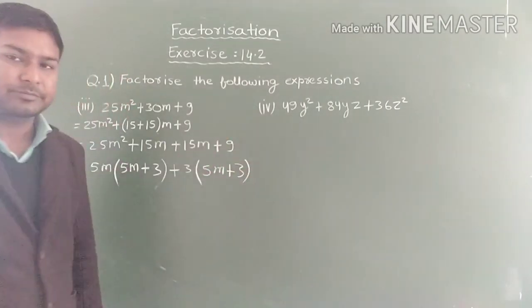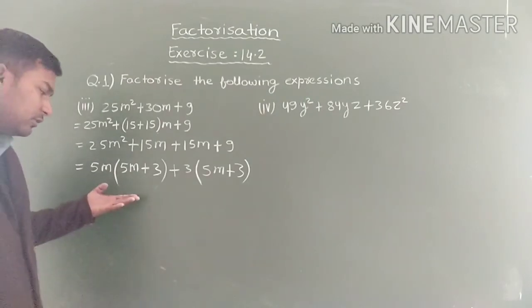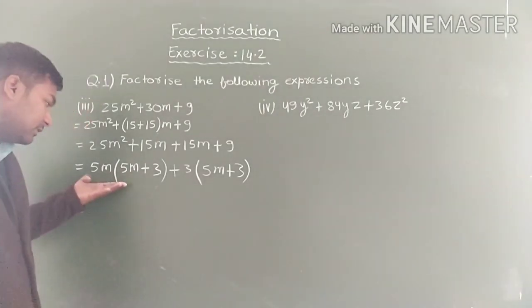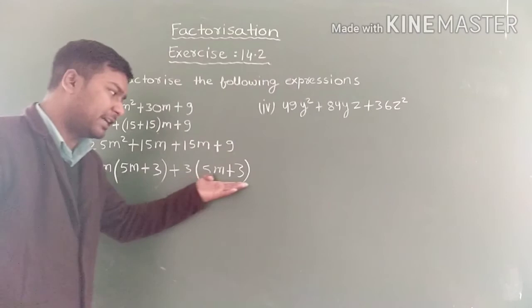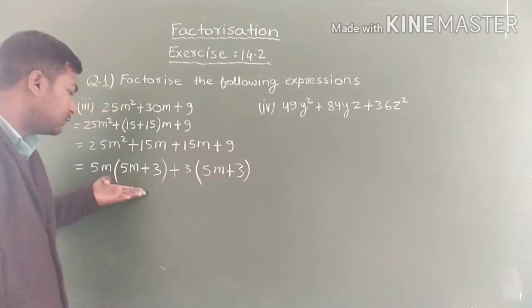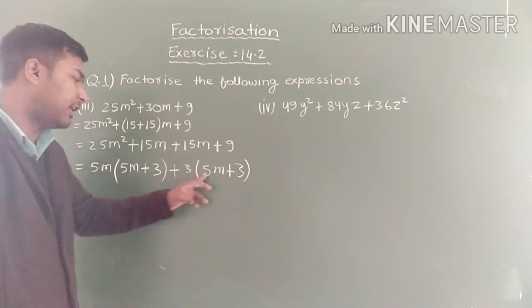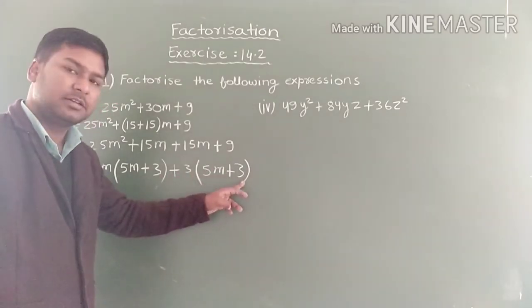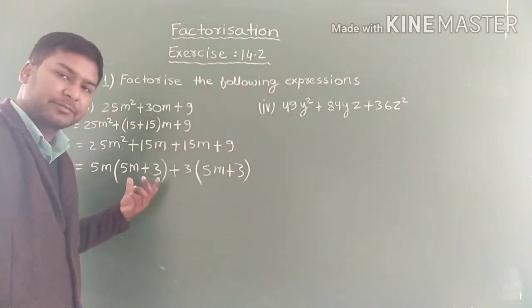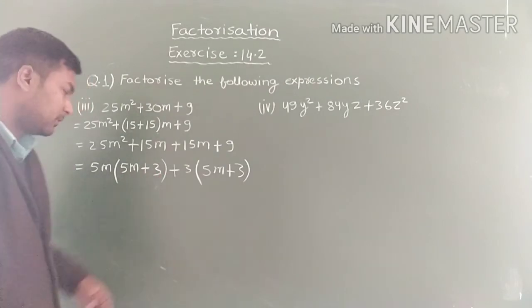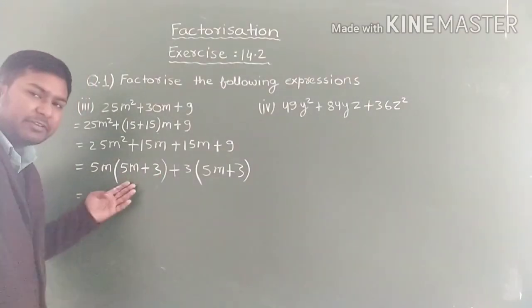Now look here. This is the first term and this is the second term. In these two terms, what is common? 5m plus 3. It must be the same. So take common 5m plus 3.